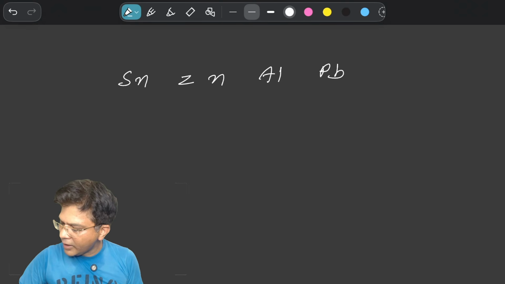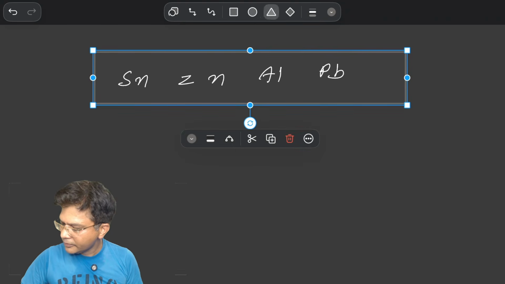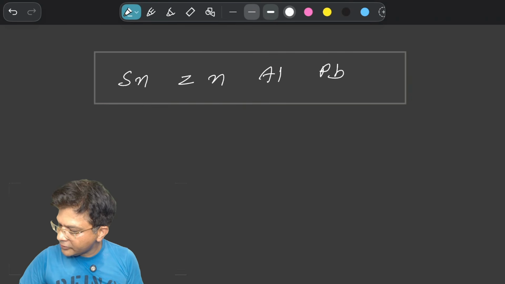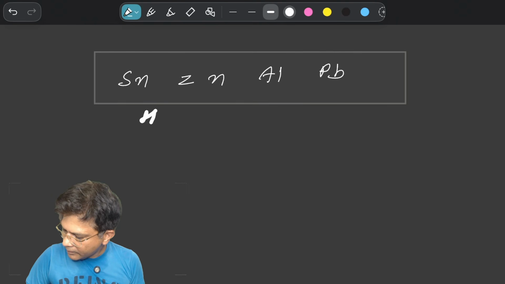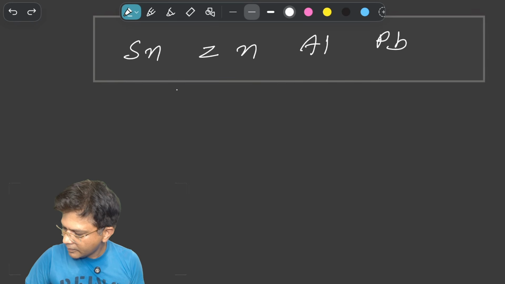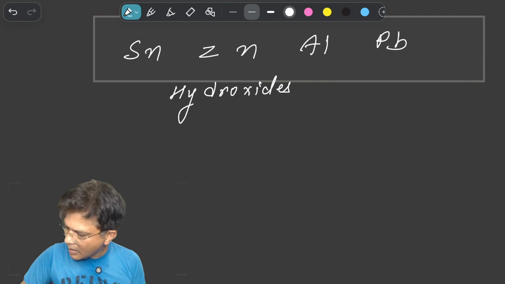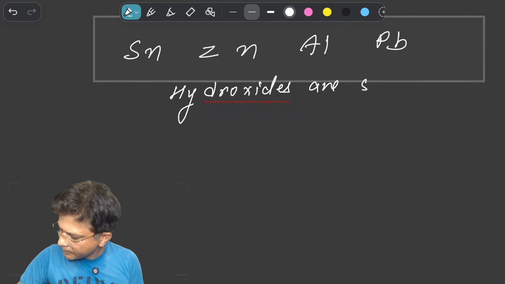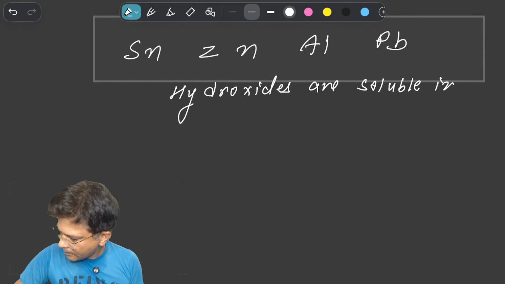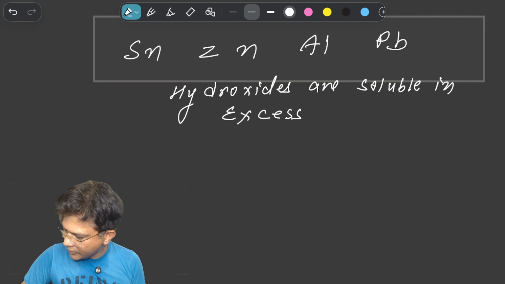These are the four metals whose hydroxides are soluble in excess of sodium hydroxide. These four, right?